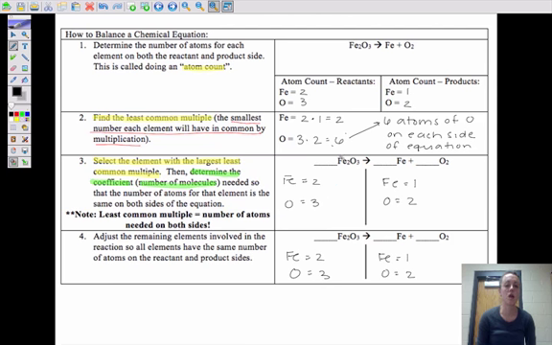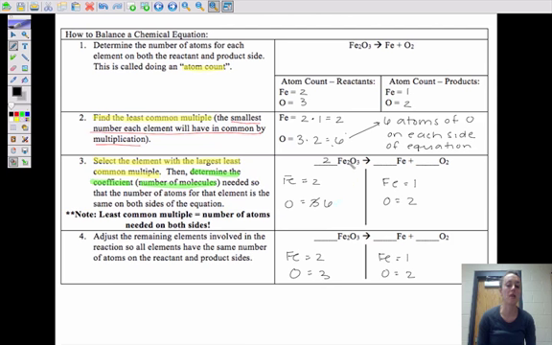So in one molecule of Fe2O3, I have 3 atoms of oxygen. But if I want to get to 6, I can say, okay, well, if one molecule gets me 3 atoms of oxygen, then 2 molecules will get me to 6, because if I have 2 molecules of 3 atoms each, I'll get to 6 atoms of oxygen.